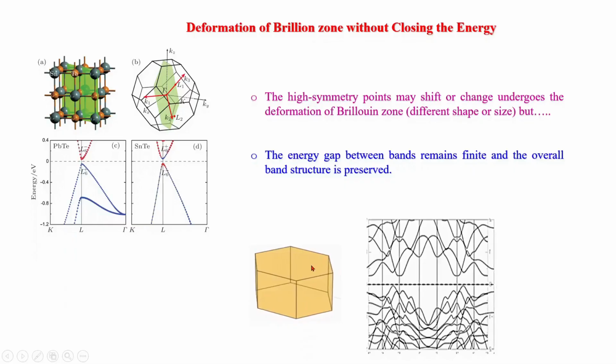Like other symmetries, such as translation symmetry, rotational symmetry, mirror symmetry, if the system is protected by the crystal symmetries like translation symmetry, then the translation symmetry must remain invariant. So during that time the bands also remain finite and the overall band structure is preserved. We are showing this again.